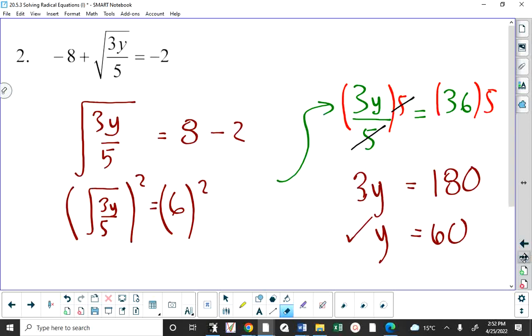So now the restriction, which again is not that big of a deal in terms of today, you would say that the radicand must be greater than or equal to 0. We would multiply both sides of that by 5 to get rid of the denominator and get 3y is greater than or equal to 0.